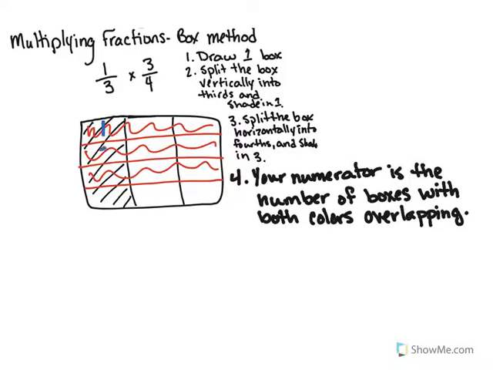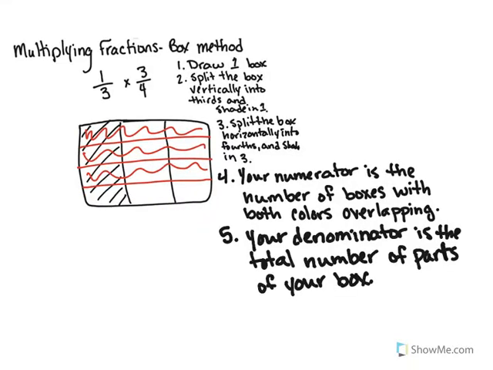There's 1, 2, 3. This box doesn't have red in it, so it's not going to count for our numerator. So right now we have 3 as our numerator.